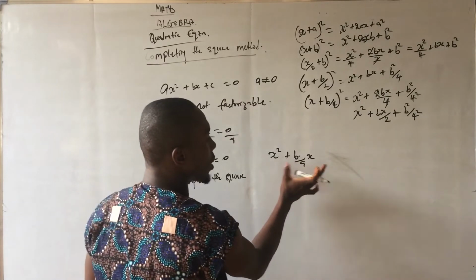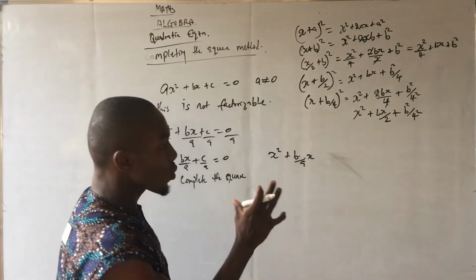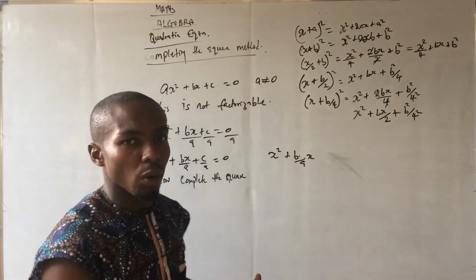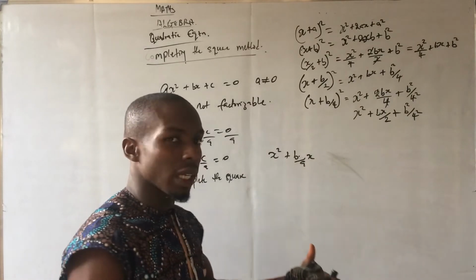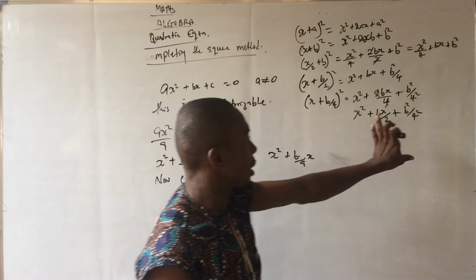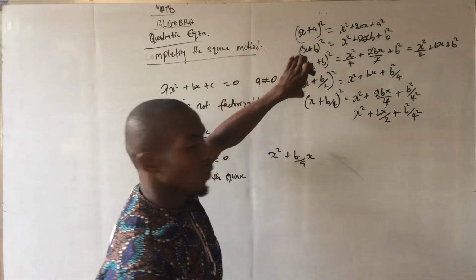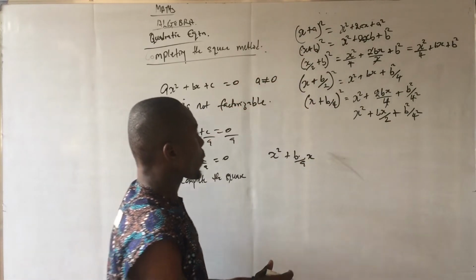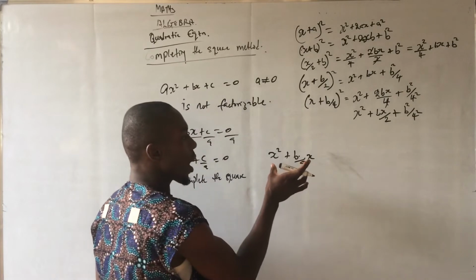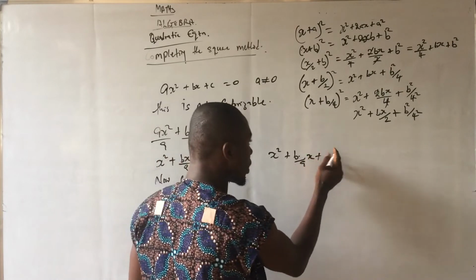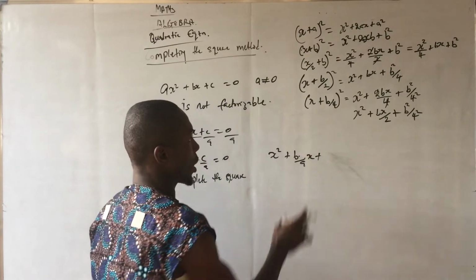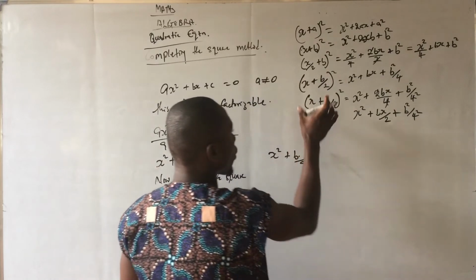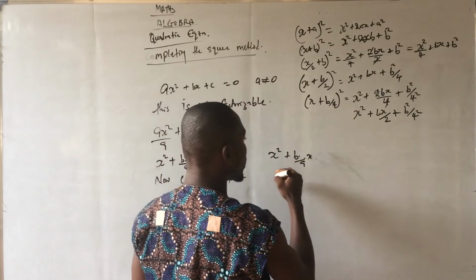If you look at this one, you see that the square is not complete. And so what we want to do is put it in a square form, like this. So we check what is going to be added to this to make it a complete square, just like this. So from this, we now check again.